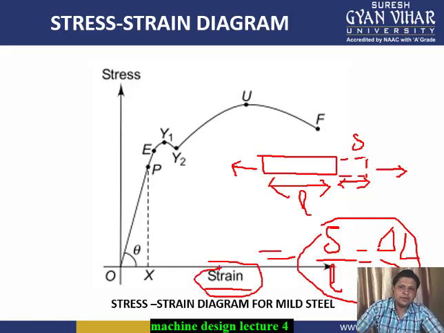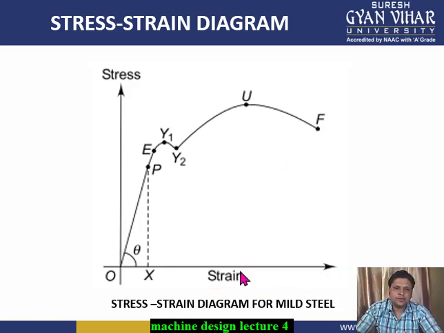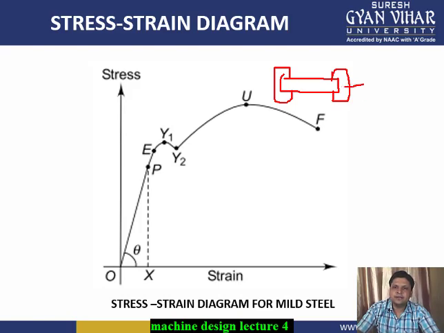Alright, generally this stress strain diagram is prepared after performing the tensile test or strength test in the universal testing machine. In the universal testing machine, the specimen is fixed between the jaws of the UTM, and then load or pressure is applied.